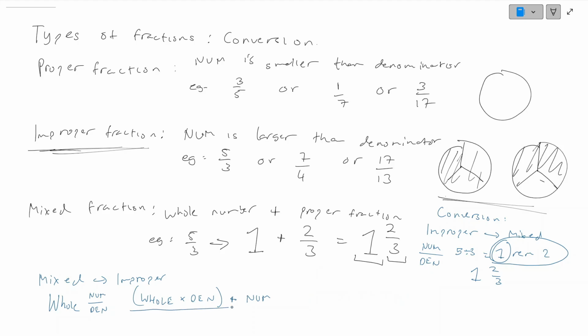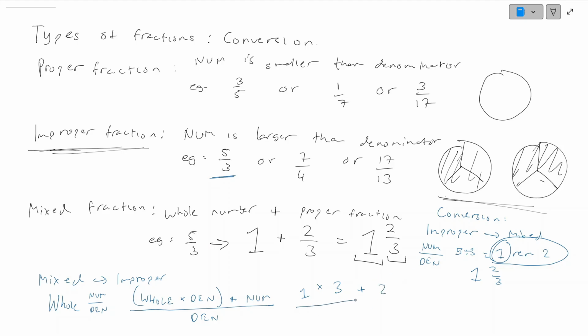And that entire thing we will divide it by the denominator. So if you're converting 1 and 2/3 back into an improper fraction, let's use this method to get back our 5/3. So we will take our whole part of the number, so 1, multiplied by our denominator, which is 3. Then we will add our numerator to that, which is 2.